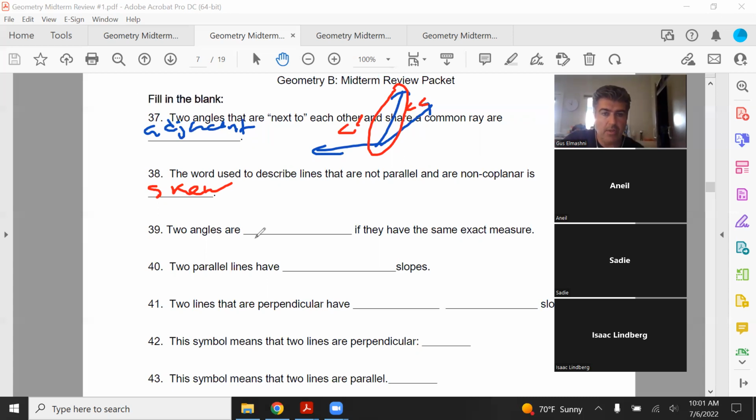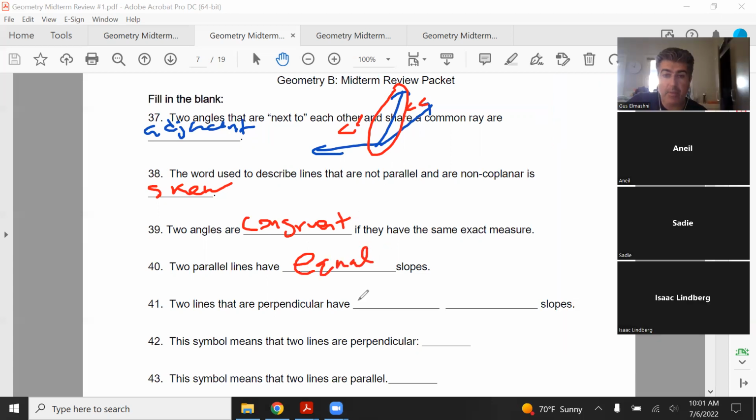Two angles are congruent if they have the same exact measure. Two parallel lines have the same slope, or equal slopes. Two lines that are perpendicular have negative reciprocal slopes, meaning that if one slope is 2, then the other slope would be negative 1/2.